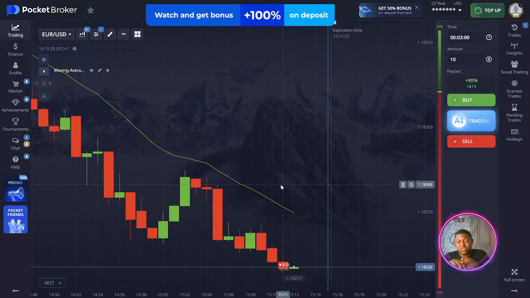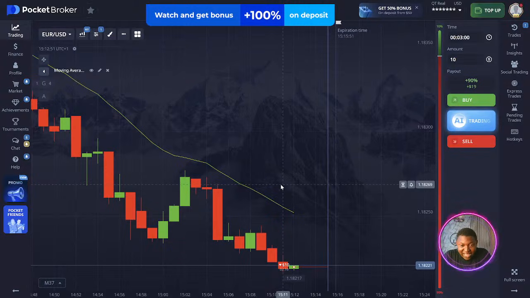Now, if the trade still doesn't go our way, because in Pocket Broker quick trading, that's basically how it is. Even after analyzing the market from heaven and earth, the market can still go against you. But you don't panic. As a trader that wants to go far, you don't panic when the market goes against you.